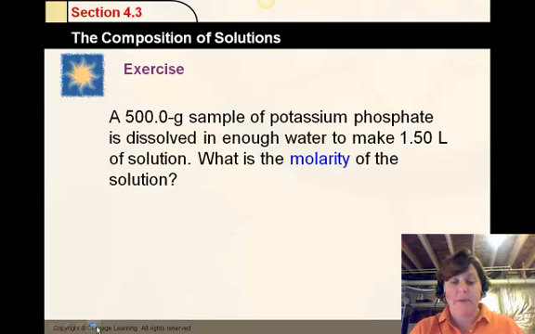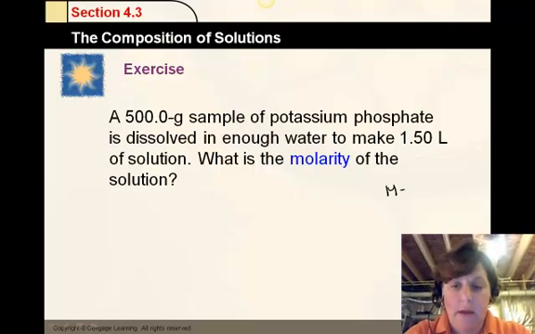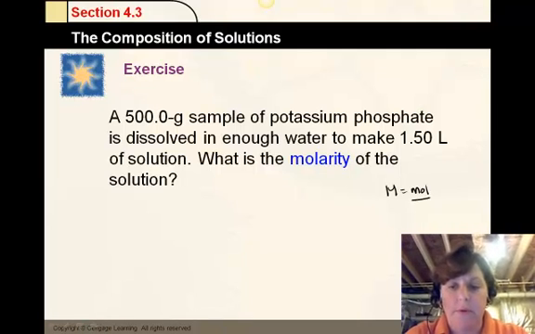So here's an example of a question you might encounter. It says a 500-gram sample of potassium phosphate is dissolved in enough water to make 1.5 liters of solution. What is the molarity of the solution? Well, remember, molarity is the number of moles per liter.